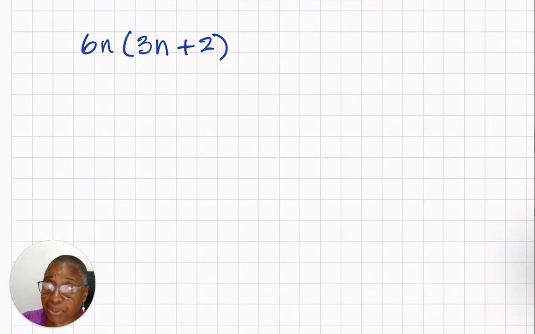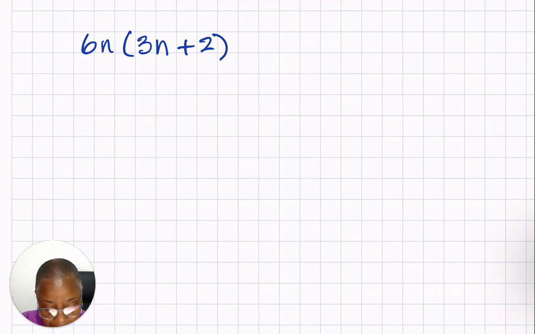The other thing that we don't write in, but we understand it to be there, is the exponent to which this variable is raised. This variable is raised to the exponent 1, both of these, but we don't write it. Okay, we understand that exponent to be there is 1.